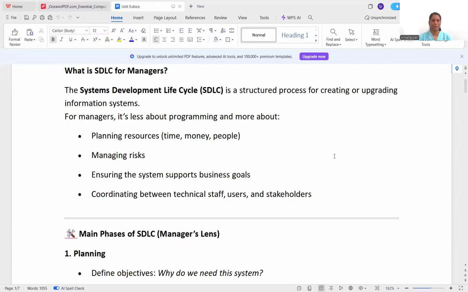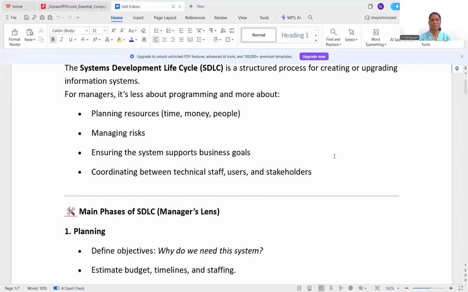Now we can see what are the steps they are using for IT for managers. Here, the system development life cycle is not used only for an IT project or IT thing.